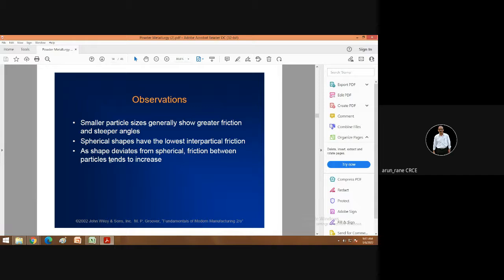What is observed is if the particle size is small, then the friction is more and the angle of repose is also more. Spherical shapes have the lowest interparticle friction.